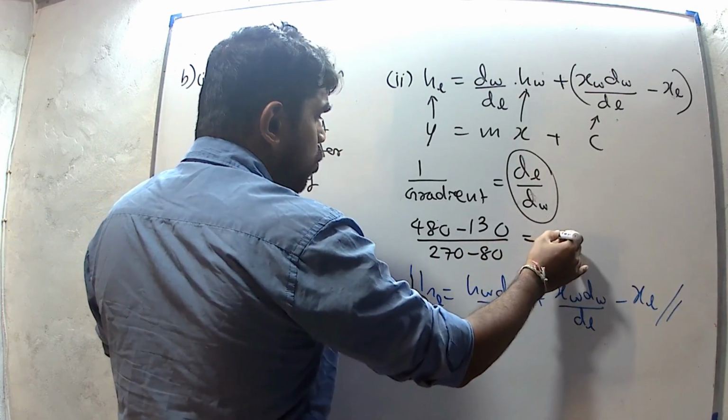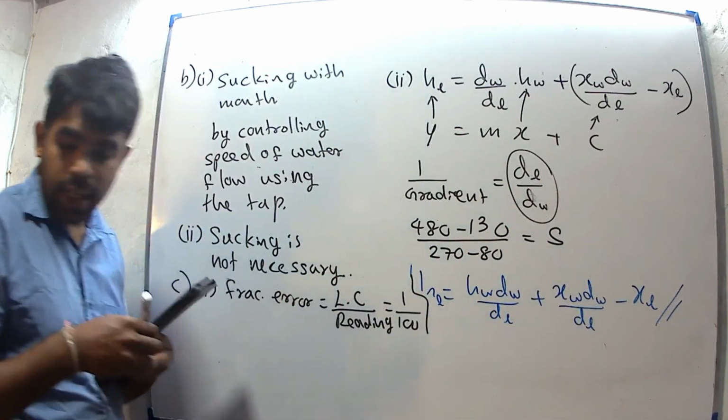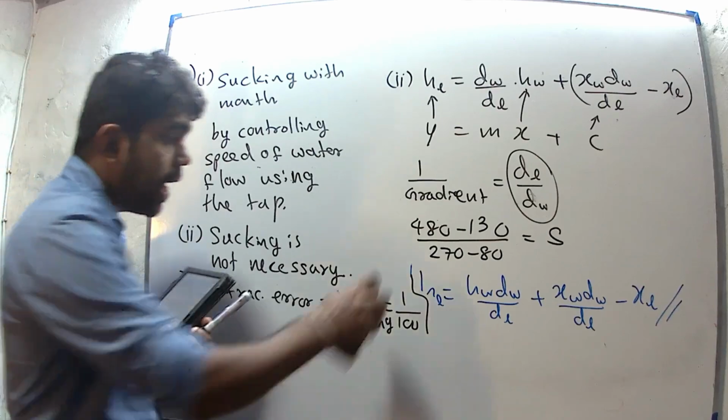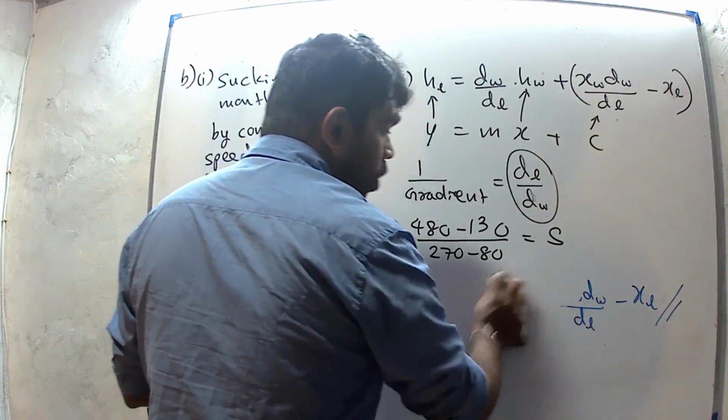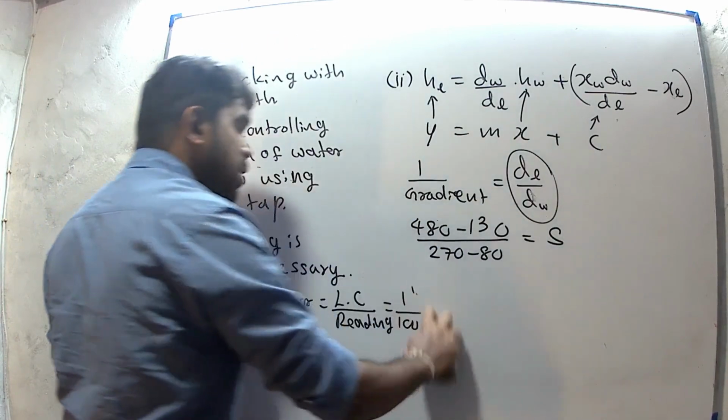It should be equal to the relative density. We normally use S for relative density because relative density is specific gravity.